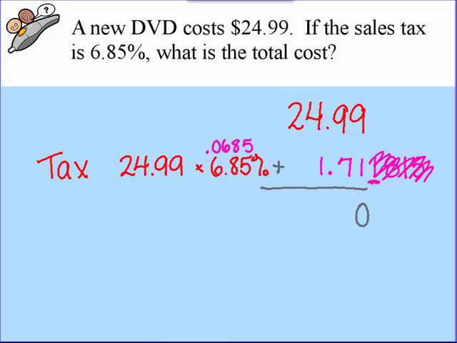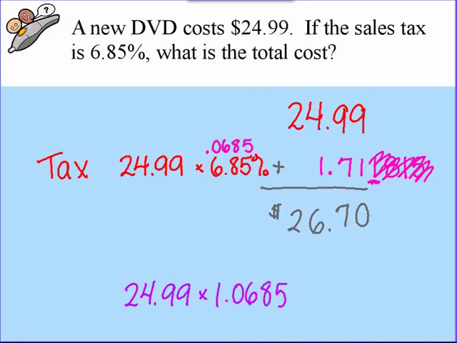And so when you do that, you end up getting $26.70. Now, just for a little bit of trivia, easiest way to do this with one step on your calculator: 24.99 times 1.0685. If you do that, you're going to get $26.70.